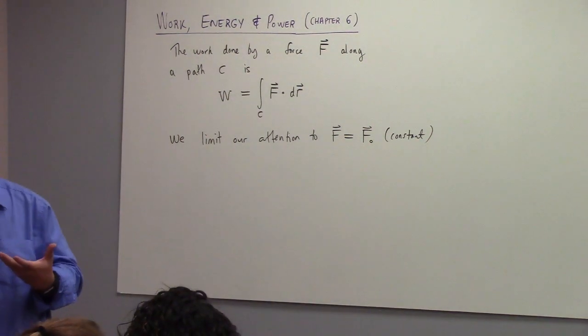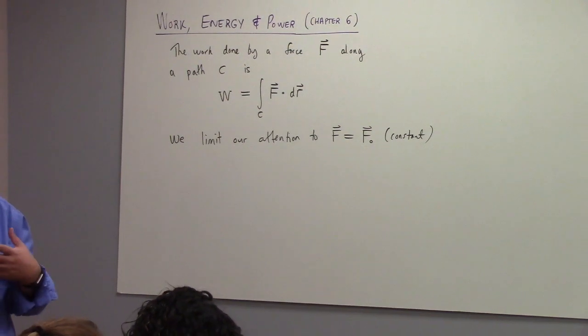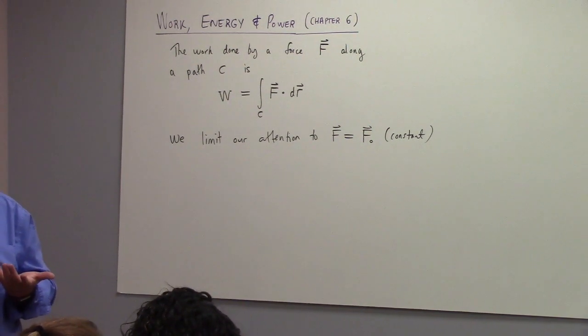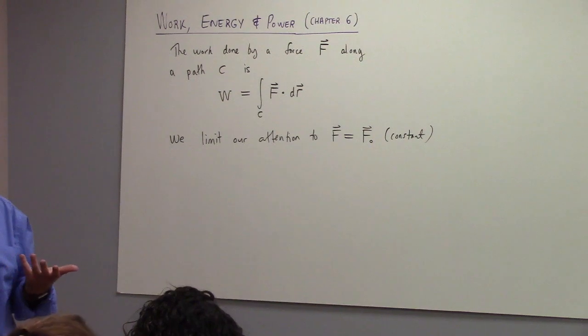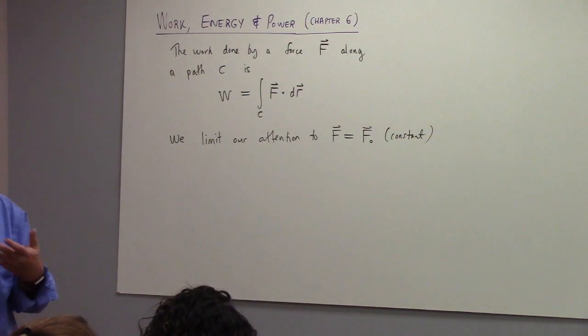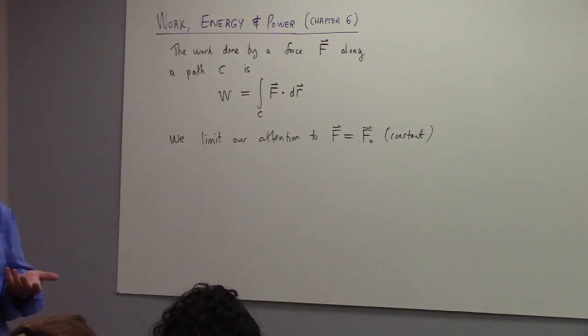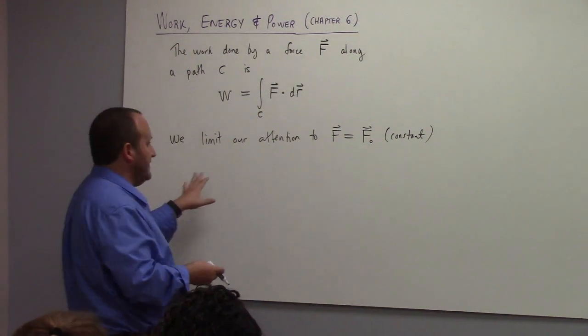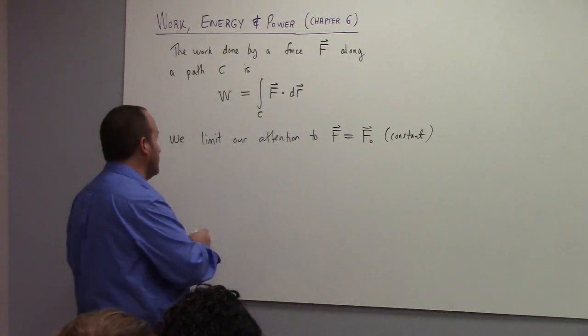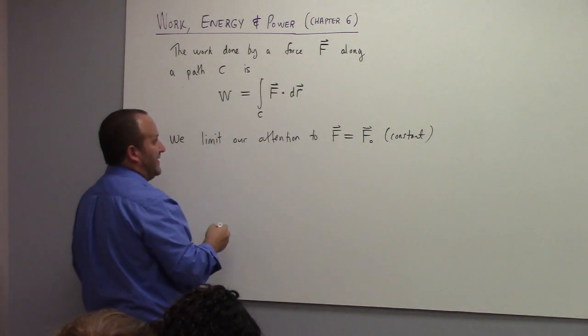There's a few non-constant forces we work with where I just do the calculus for you. For example, the spring force is not a constant force, and yet we study it because I do the calculus for you. I did the calculus for you by telling you potential energy was 1/2 kx squared last time for the spring. That's a result of calculus. But if we limit our attention to the force being constant, then this formula simplifies.